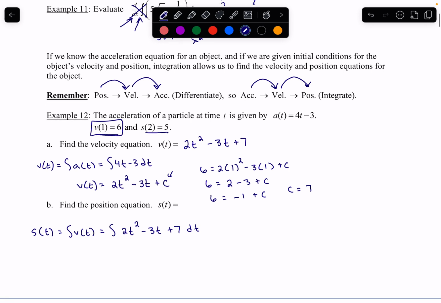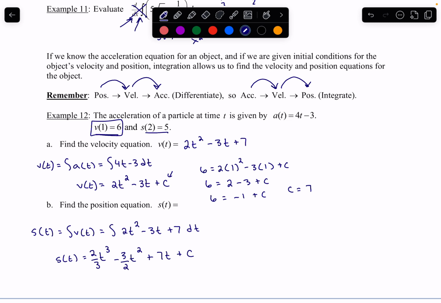All right, so s of t is going to equal 2t squared goes to t cubed, but then I've got to divide by 3, so this becomes 2/3. Negative 3t becomes t squared, and I divide by 2, so I get negative 3/2 t squared. And then plus 7 becomes plus 7t. And then I've got a plus c that I need to add at the end.